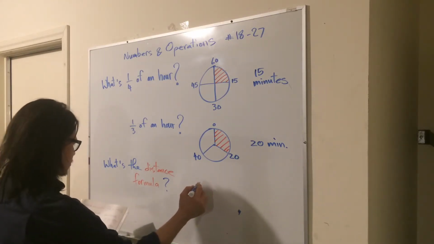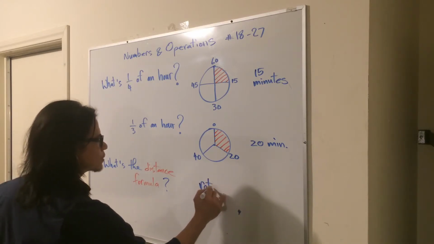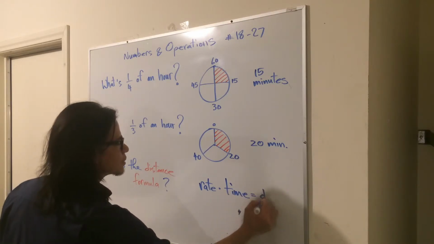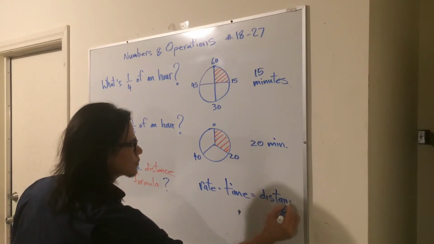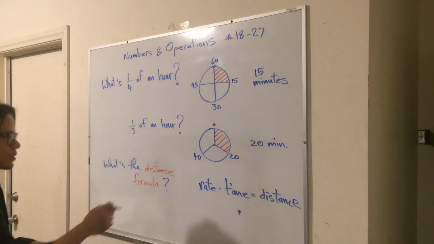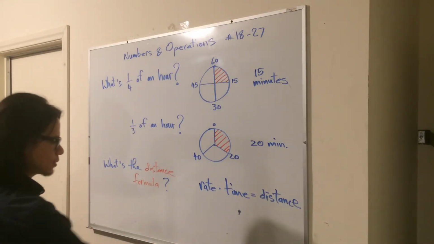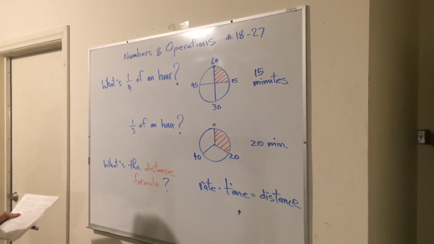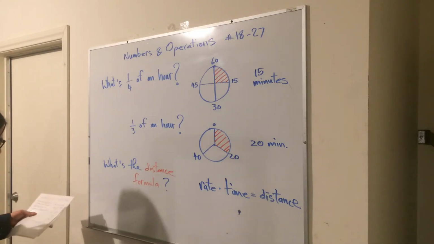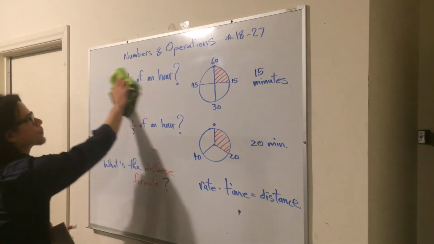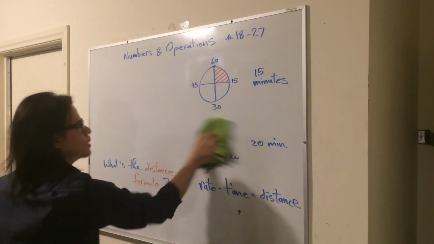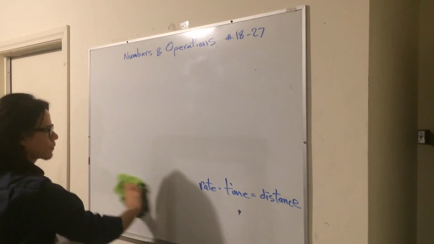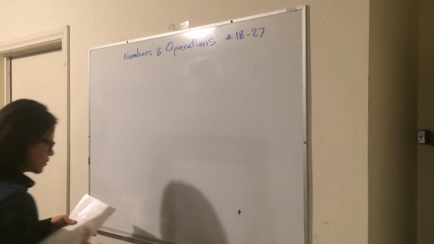The distance formula states that rate times time equals distance. We're going to use this formula for our next question. Please make a note of it: rate times time equals distance.